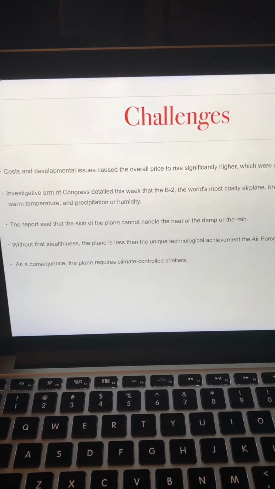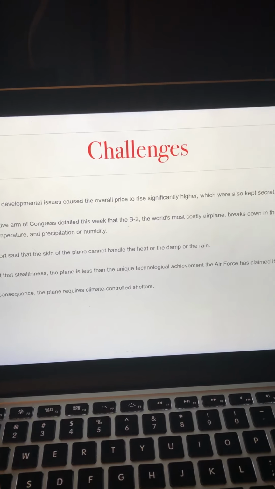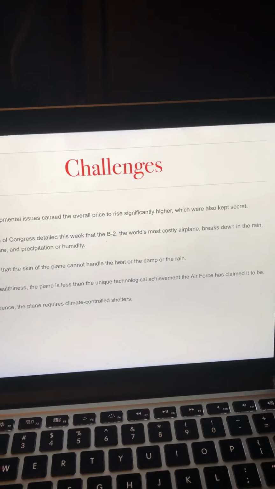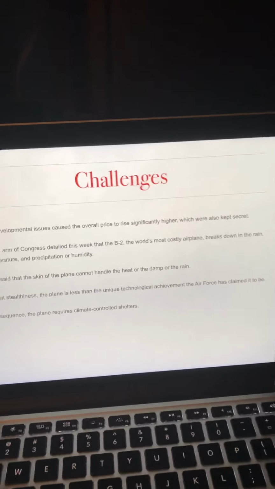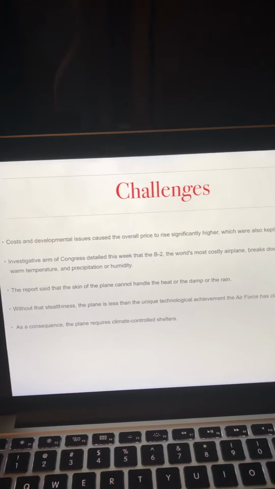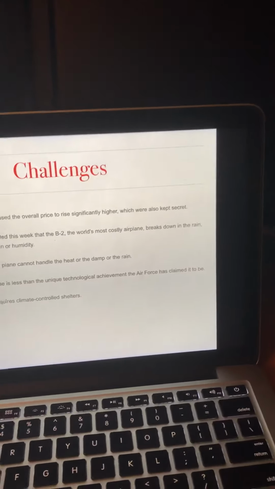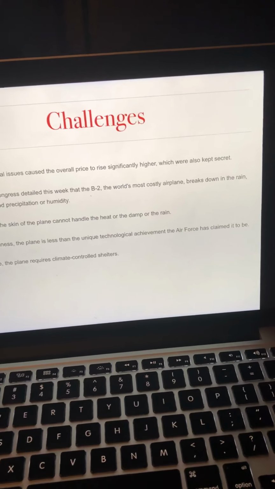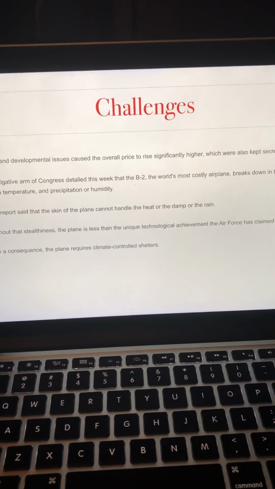And to continue with challenges, the cost and development issues caused the overall price to rise significantly higher, which was also kept secret by the U.S. Congress until almost 1997. The investigative arm of Congress detailed in a report that the B-2 is the world's most costly airplane. It breaks down in rain, in warm temperature, and high humidity. It has a problem with the skin.